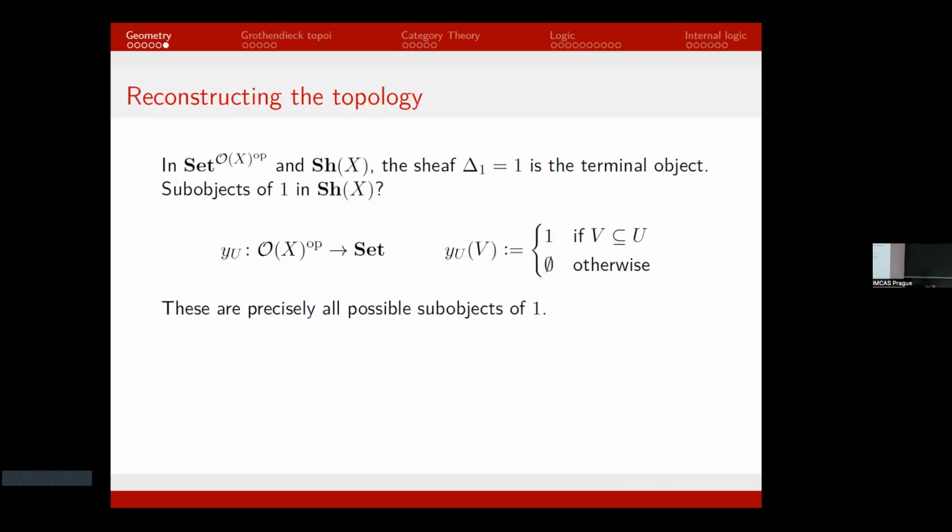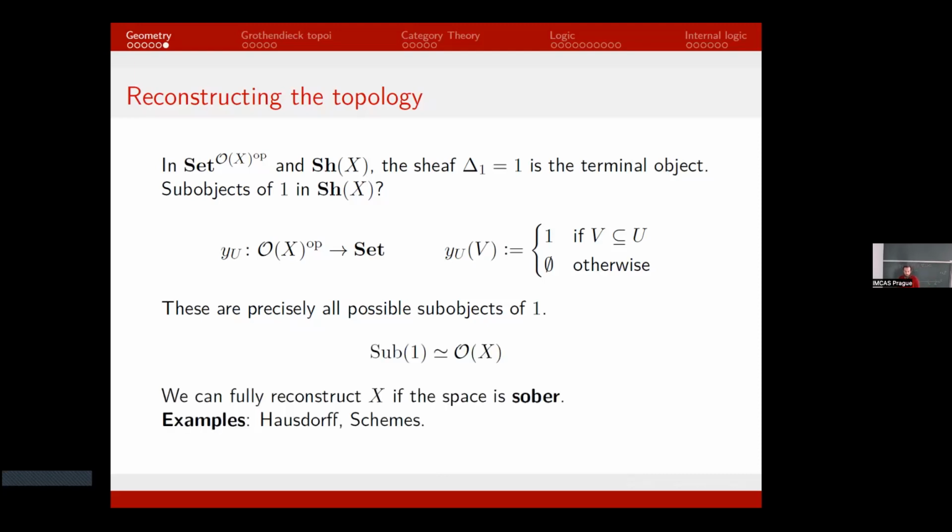Notice that it's not by chance that I called it y(U), because this happens to be the Yoneda embedding as well. Because in the category O(X), there is a map if and only if V is included in U. So these are the homomorphisms from V to U, essentially.